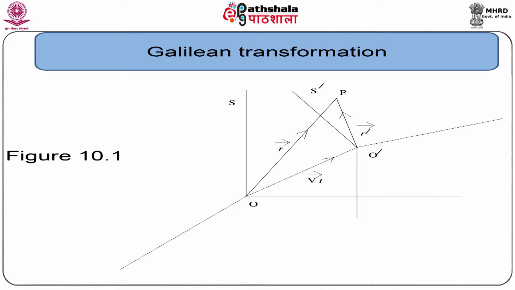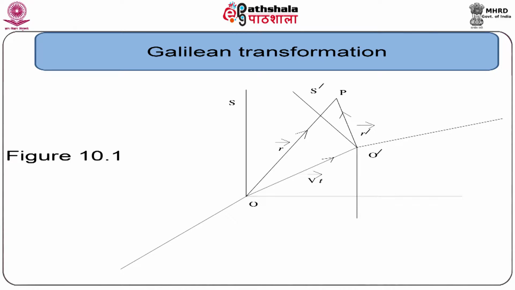Let us discuss the Galilean transformation. From the figure, that is figure 10.1, you can find that there are two frames or systems. One is S system, another is S dash system.